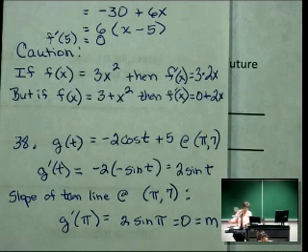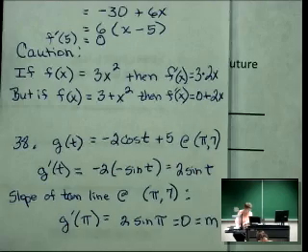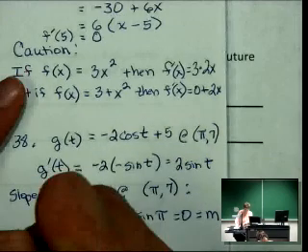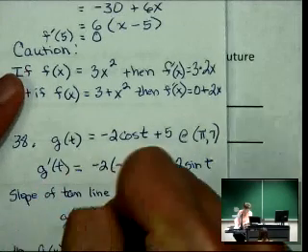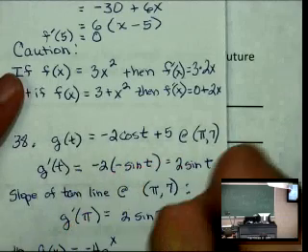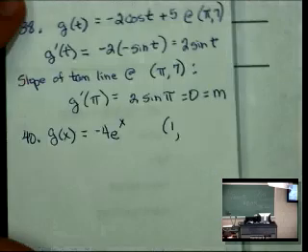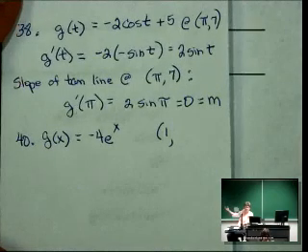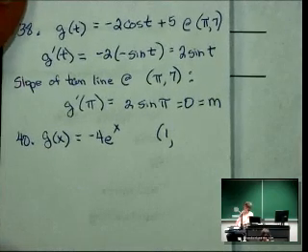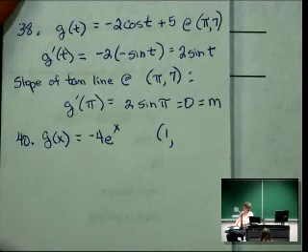One more with an e in it. Number 40. Let's play like they only gave me the x equals 1, and I needed the y for some reason. How could I find the y?